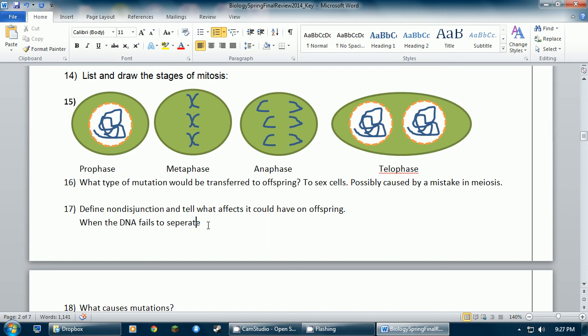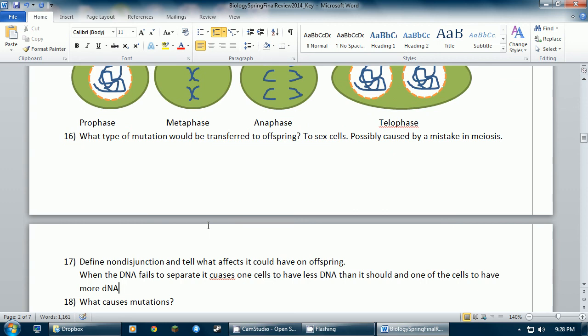When the DNA fails to separate, it causes one of the cells to have less DNA than it should, and one of the cells to have more DNA than it should.